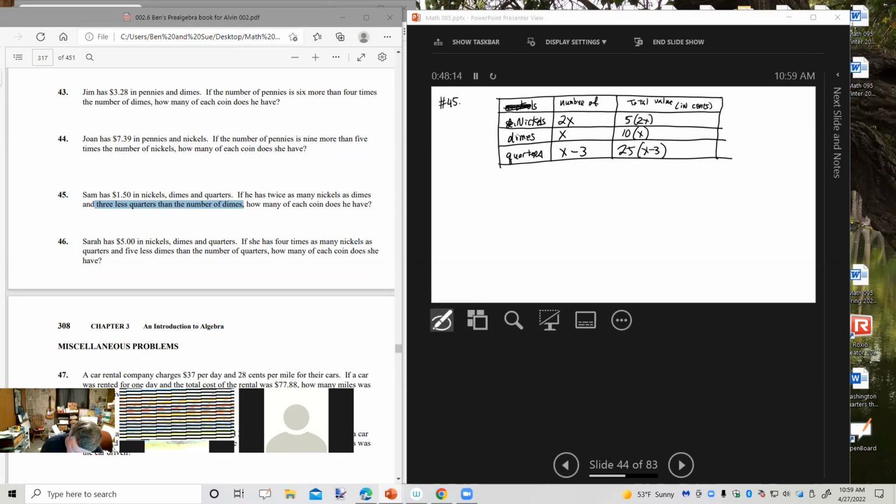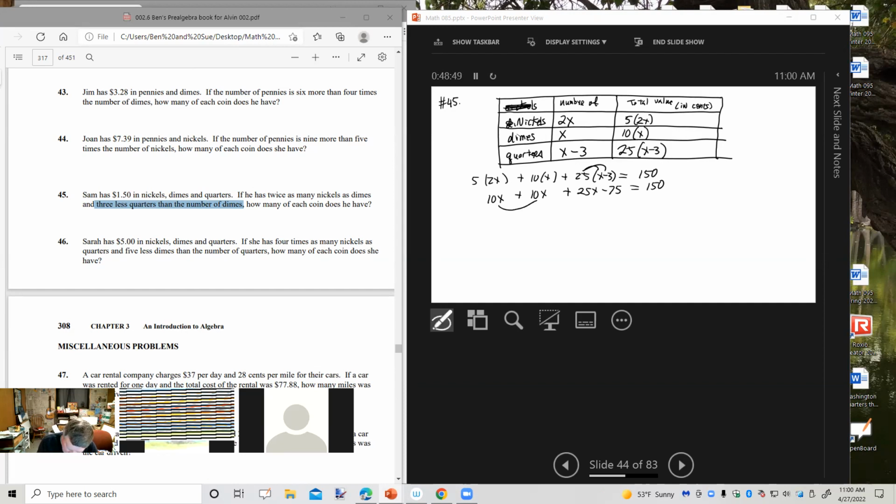If we take the total value, we've got total value of nickels plus total value of dimes plus total value of quarters equals total value in cents, which would be 150 cents, taking $1.50 and changing it into cents. 5 times 2x is 10x, plus 10 times x is 10x, plus 25x minus 75, distributing the 25.